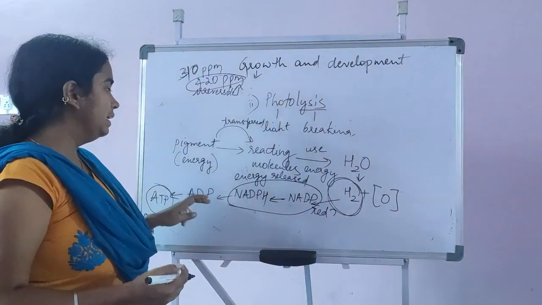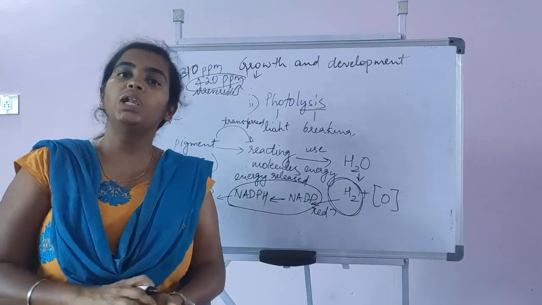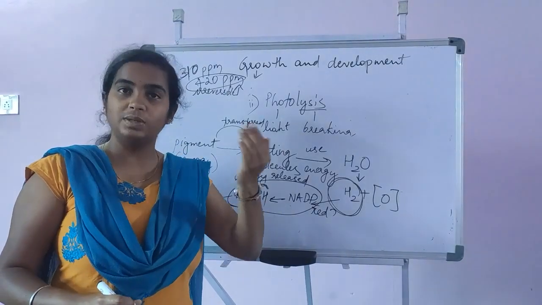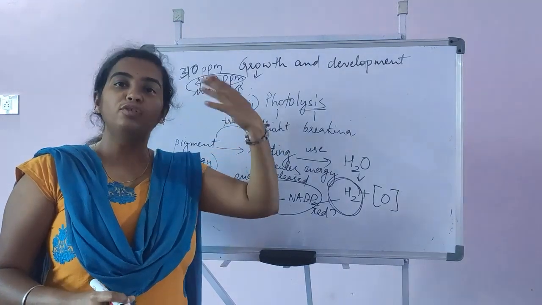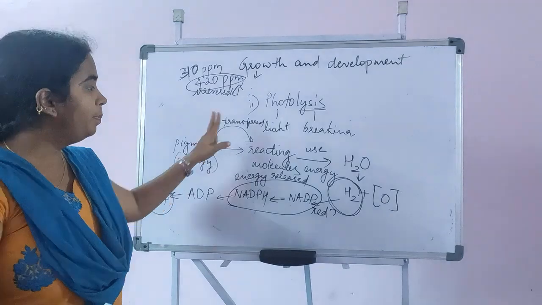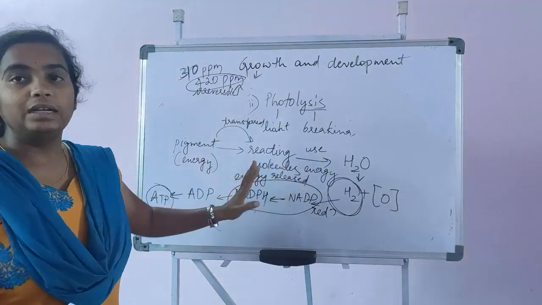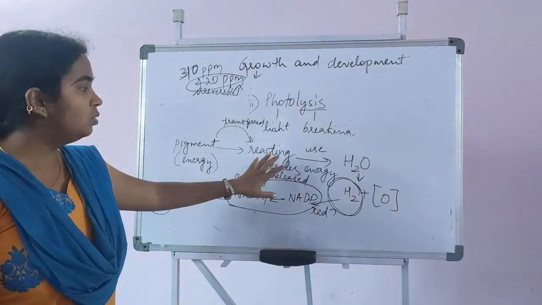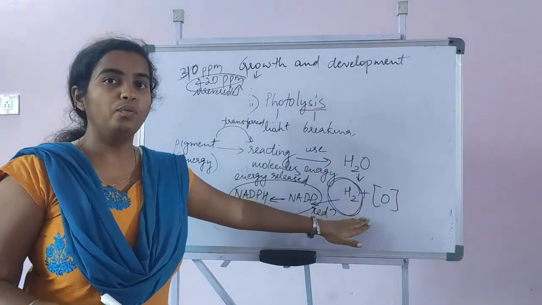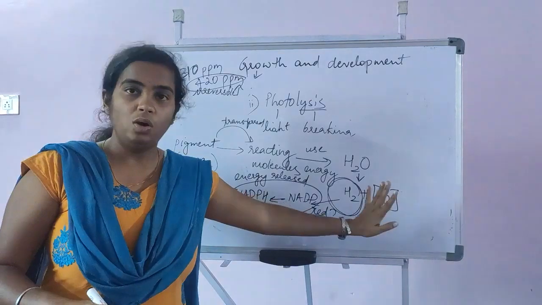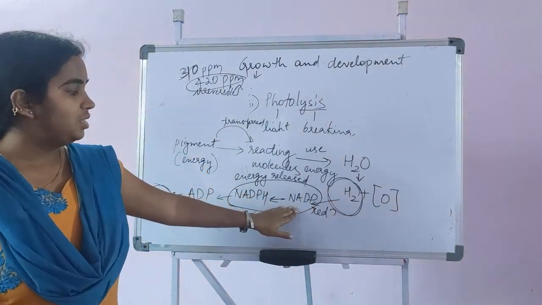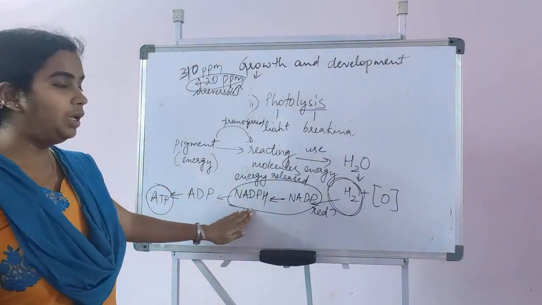I repeat this. The pigments like chlorophyll and carotenoid absorb the energy, and the electrons present in the lower orbit will move to the higher orbit, and then those electrons will be passed on to the reacting molecules nearby. Those reacting molecules use the energy in photolysis, the breaking of the water molecule into hydrogen and nascent oxygen, and this hydrogen is utilized in the reduction of NADP to NADPH.